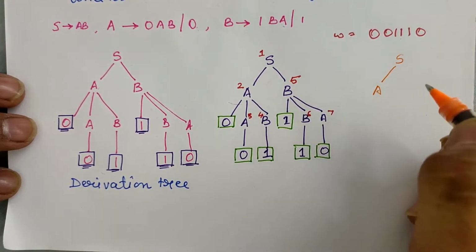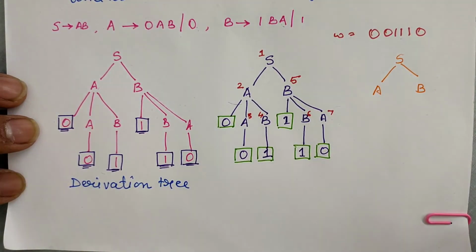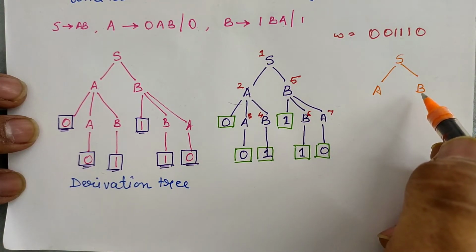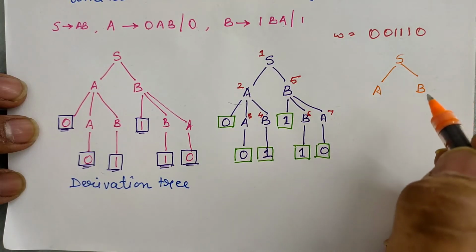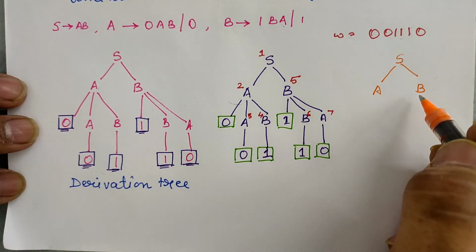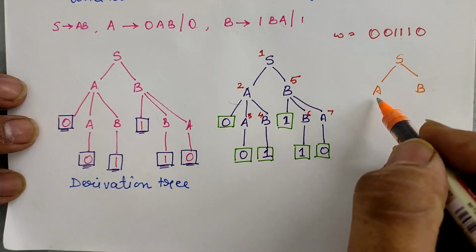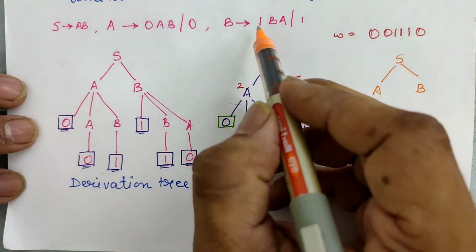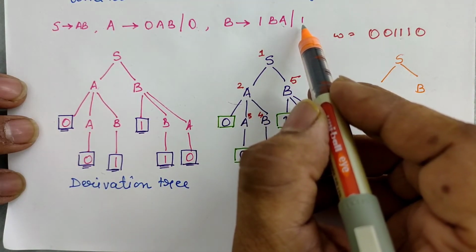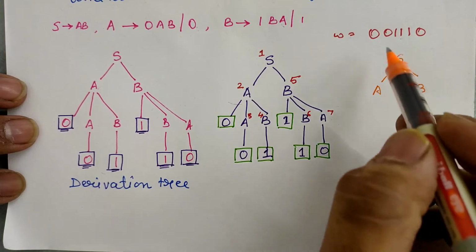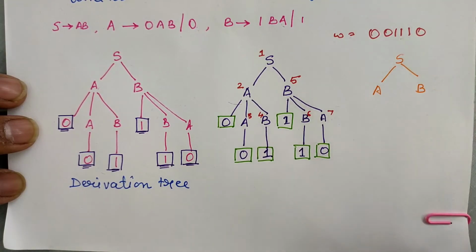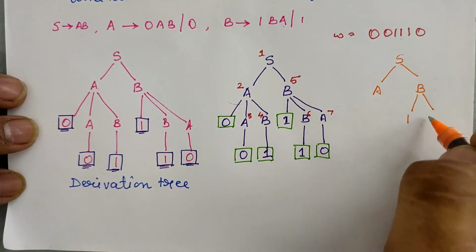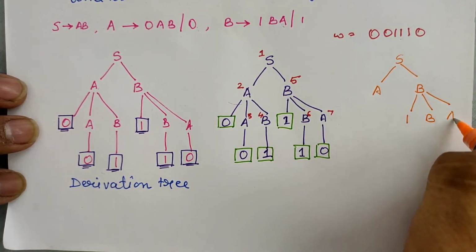S tends to AB. Then in rightmost derivation, we have to explore this B first. Here this A can give me 0, but this B can give me 1BA or 1. If I take 1, then the string will end with 1, but I want 0. So I have to take 1BA.